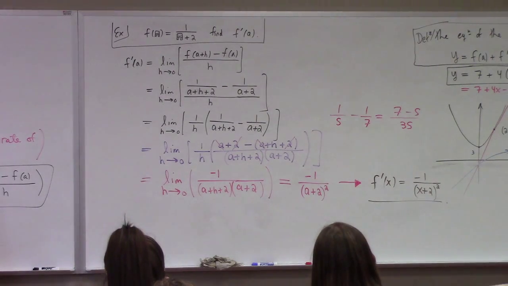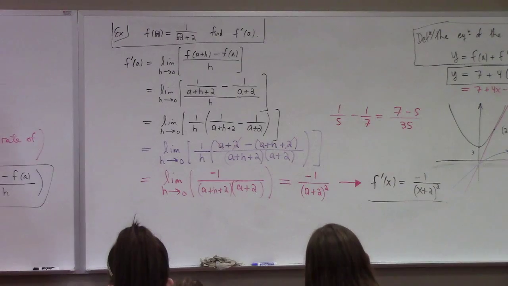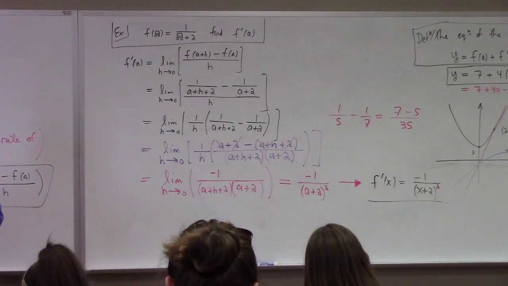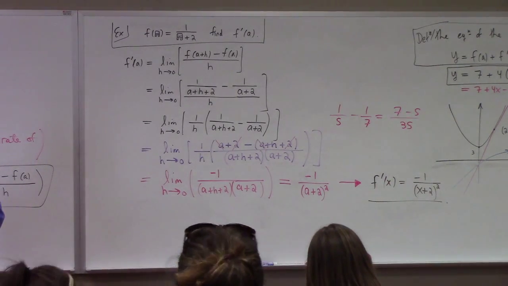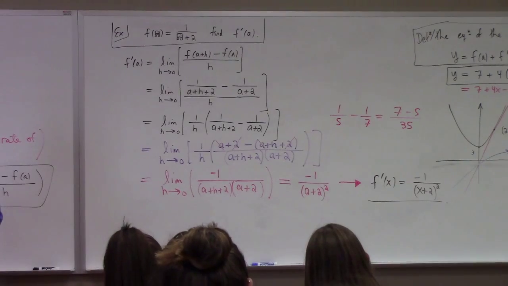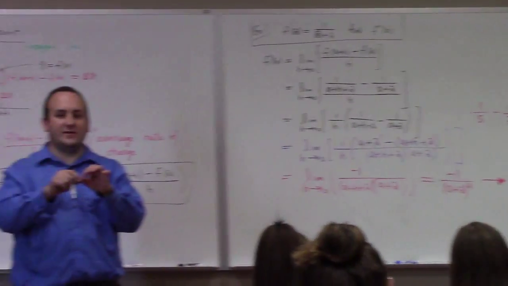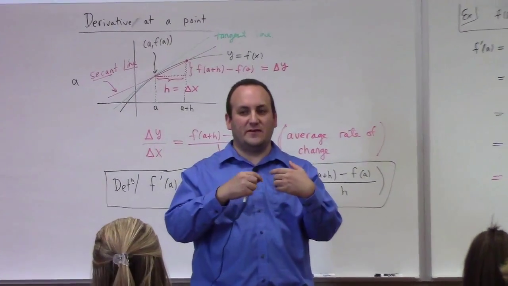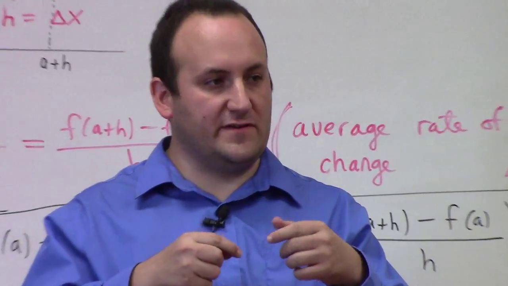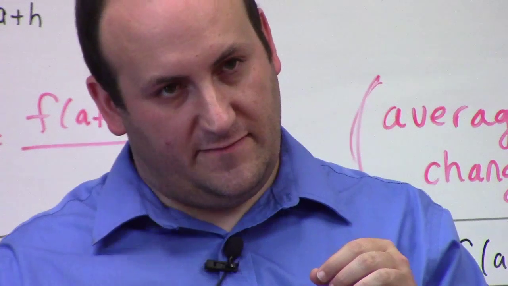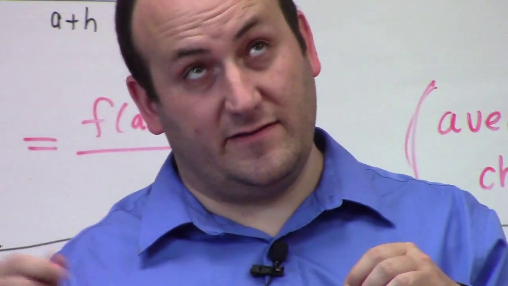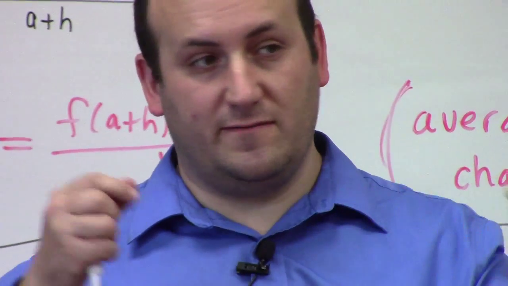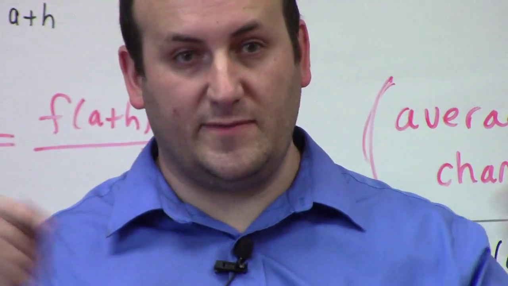Now, there's two questions basically to ask you guys. The one is to find the derivative at a point. If I say find the derivative at an arbitrary point, that's essentially the same thing as saying find the derivative function, because the derivative function assigns to each point the slope of the tangent line at the point, for arbitrary points in the domain.